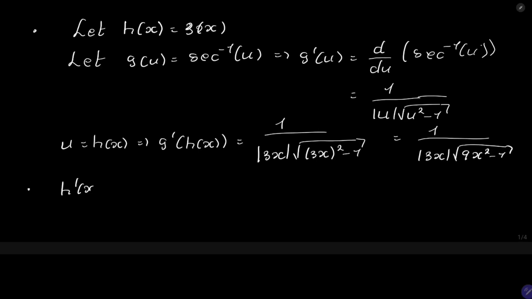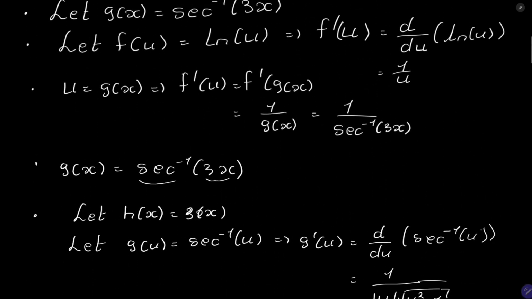h prime of x is then equal to the derivative with respect to x of 3x, which gives us 3.